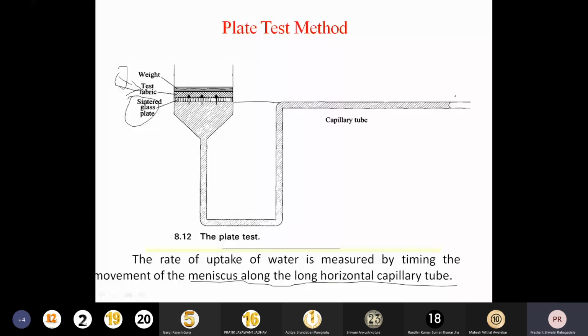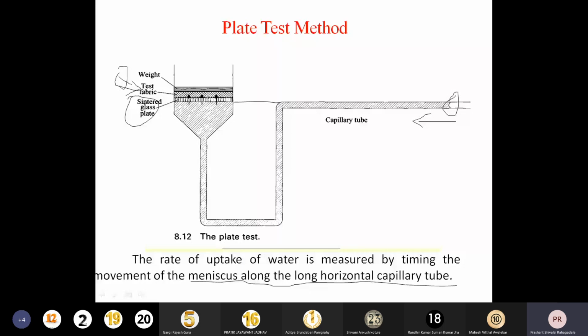This that you can see, this one: when it is absorbed, where will it go? It will go horizontally, to this side, because you have put this much water in it earlier. So whatever the water quantity was, it was this much. Then after that we have put the glass, and on that glass we have put the fabric. So the fabric has absorbed a certain amount of water. What will happen now?